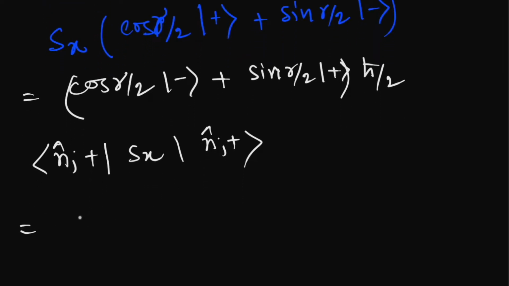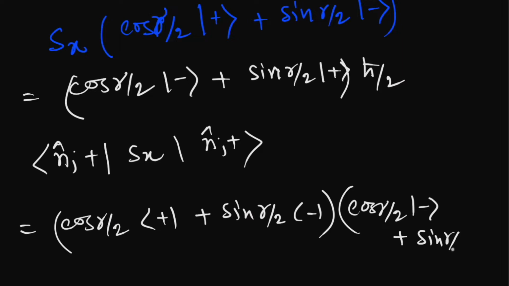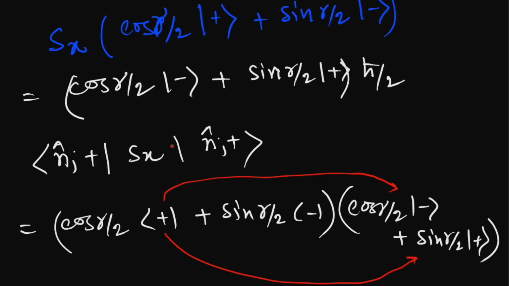Let us calculate. That will be cos gamma by 2 plus sin gamma by 2 minus, into cos gamma by 2 minus plus sin gamma by 2 plus. And from the orthonormal relation, we know that from these two terms we will get 0, from these two terms we will get 1.